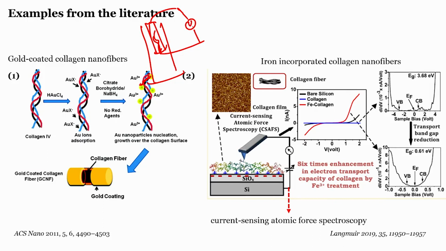When you do that, since these are biocompatible materials and collagen will promote, it has been reported in this particular work that it will promote stem cell formation, we can see that this particular application can lead to development of many different biosensors. Similar is the case for this particular application also.